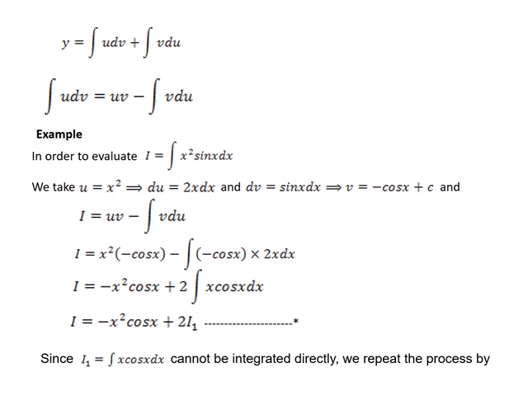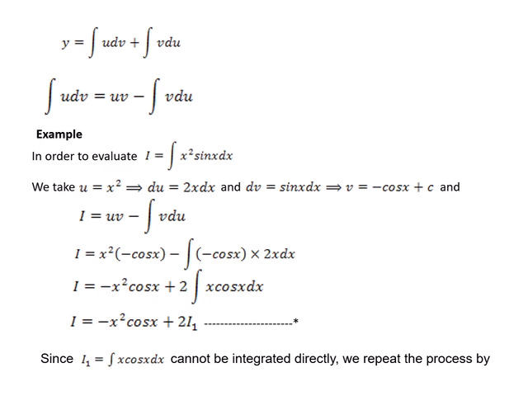Looking at this answer we got here, we still have the integral of a product: one is trigonometry, and one is algebra. So what do we do again? We can't leave our answer in that form. We still solve further.